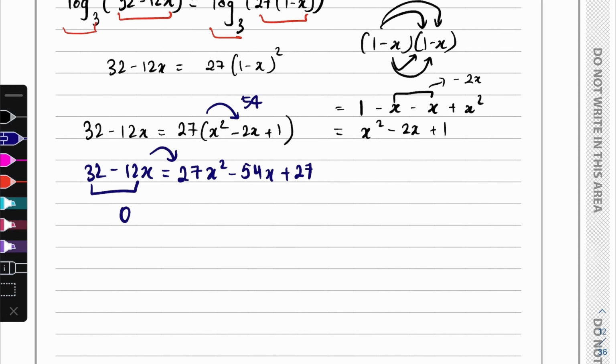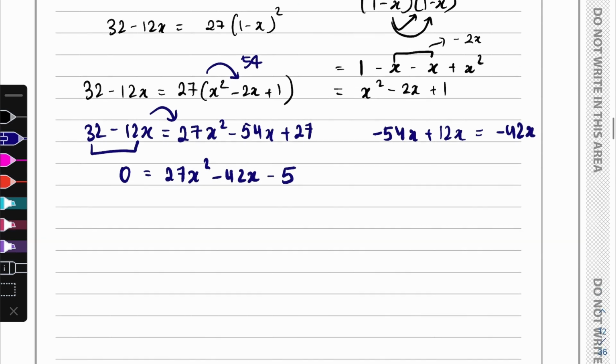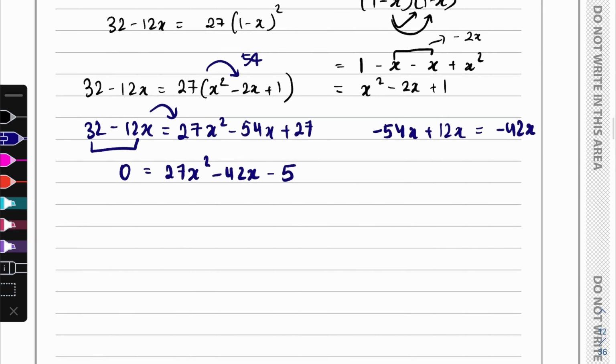So this will be 0 equals 27x squared stays the same. Now we have minus 54x plus 12x. So it's 12 take away 54, which is minus 42x. 27 take away 32, that's a difference of 5, so negative 5. So we have 27x squared minus 42x minus 5.